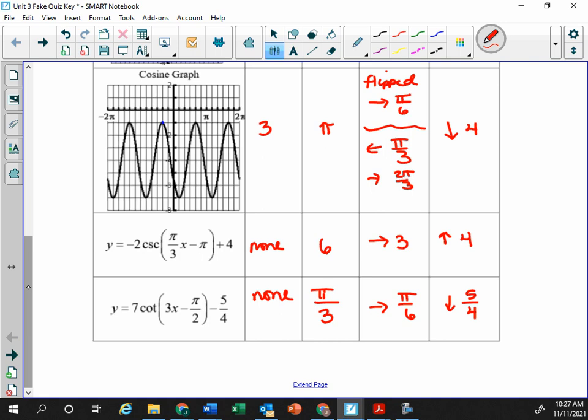So the pi. That makes sense. And same with when you pull that out. All right, questions before we go to the next page.